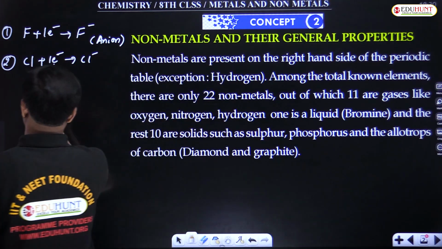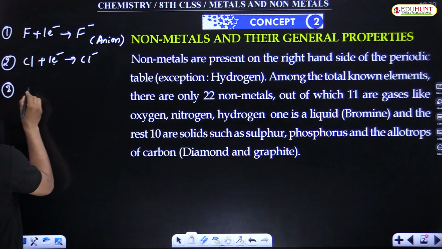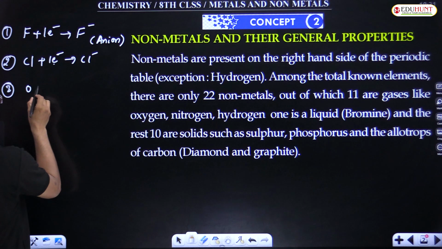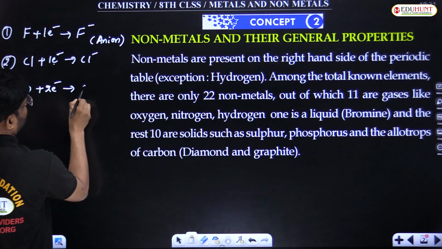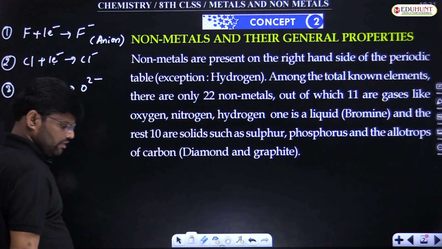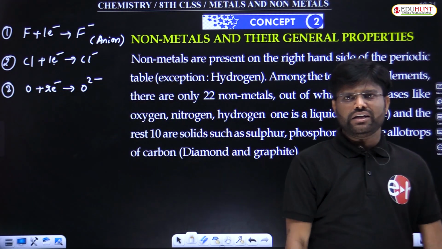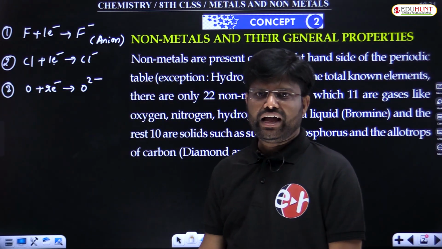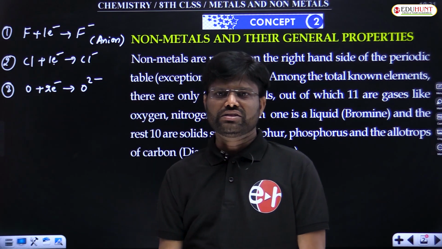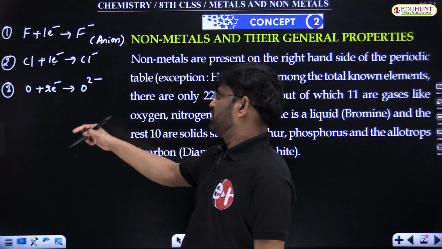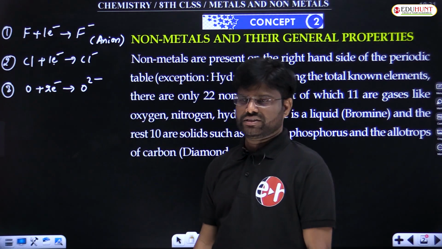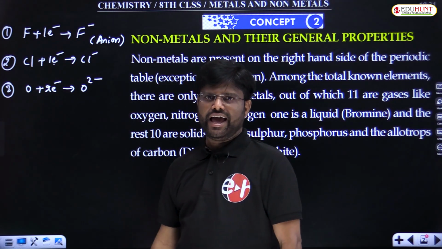Next, the third example, oxygen. Oxygen gains 2 electrons to form O2 minus. To get stability, to get the inert gas configuration, oxygen takes 2 electrons and forms O2 minus. This is the oxide anion.